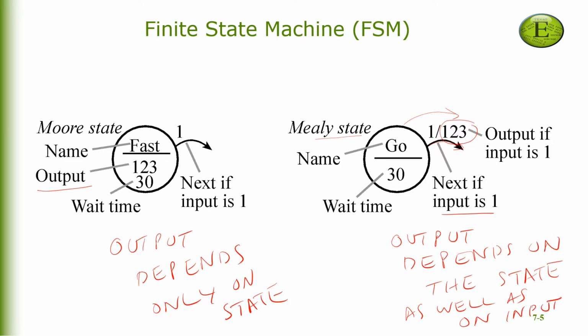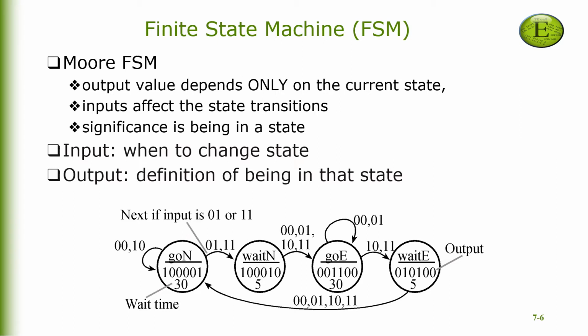Except for this difference, there is no difference between the two finite state machines. In this lecture and also in this course, we are going to restrict our attention to the Moore state machine. The defining characteristic of the Moore state machine has been already described.